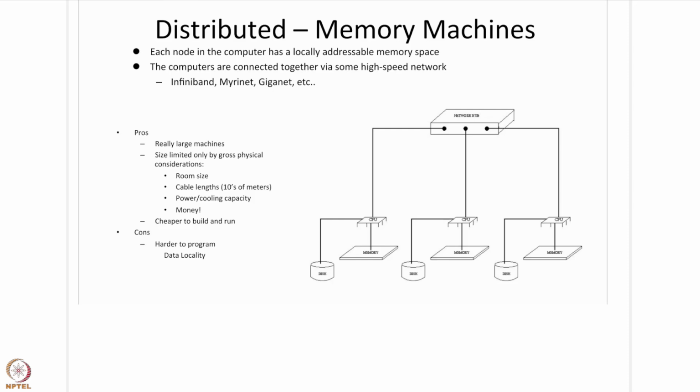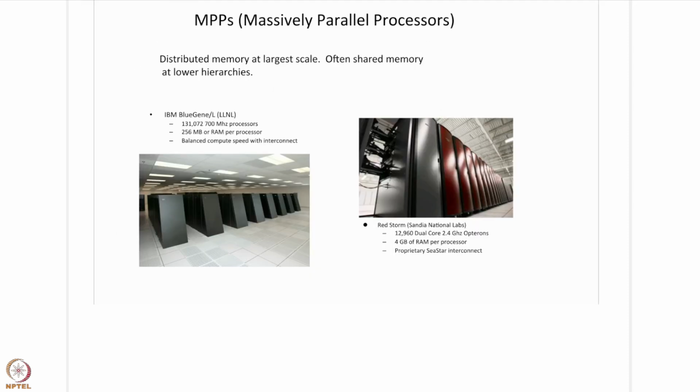In reality, how are these machines realized? Today's massively parallel processing machines are essentially distributed memory at the largest scale, and they are often shared memory at the lower scale. So typically what we do is connect several shared memory machines in the distributed memory mode so that we have the best of both worlds.